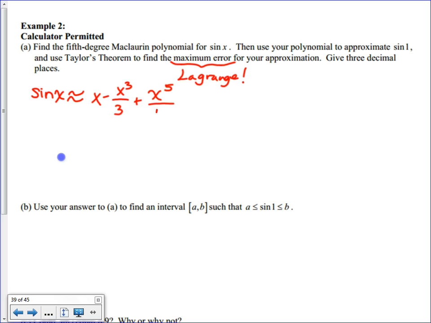What does 5th degree mean? Is n equal to 5? Or do I go up to the 5th derivative? Do I need 5 terms or do I get to stop? I get to stop, right? Because I've gotten up to the 5th degree, so we don't have to go any further.